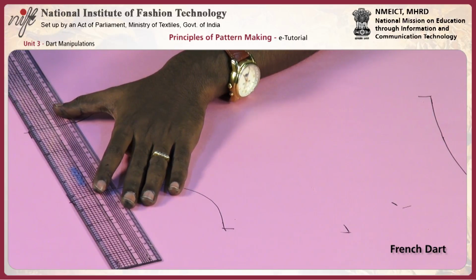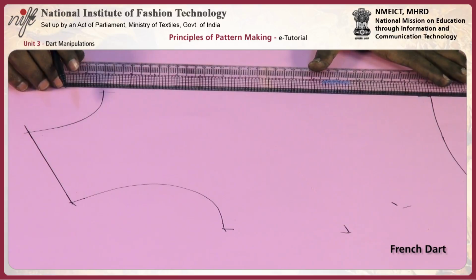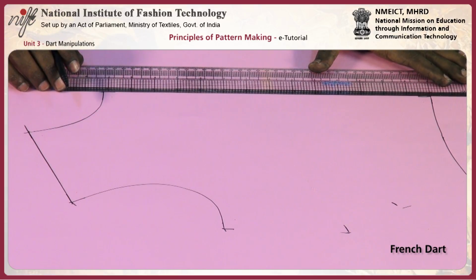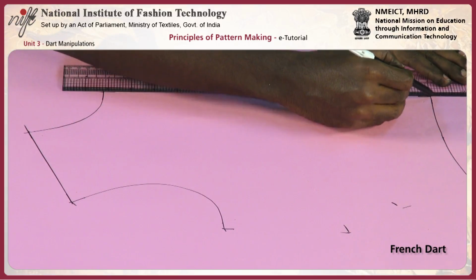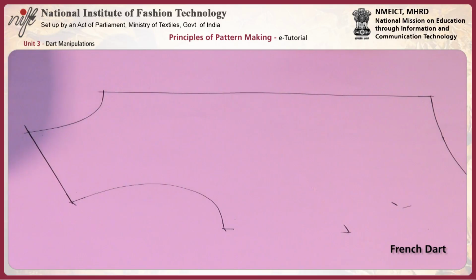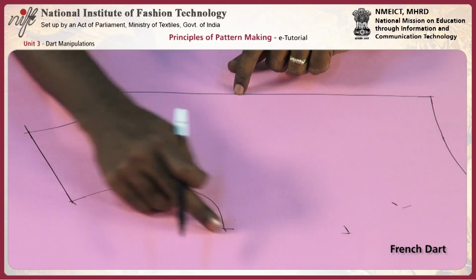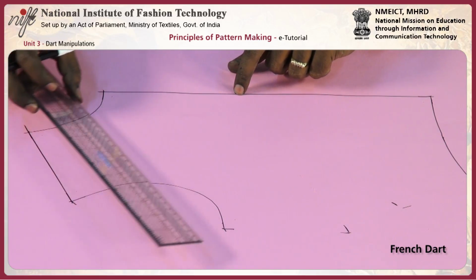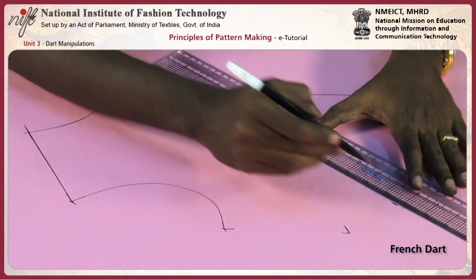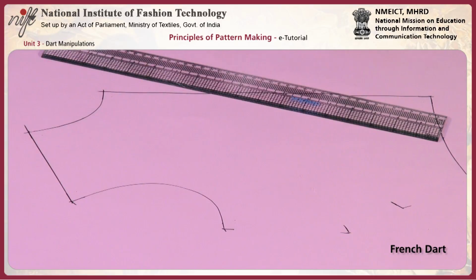Connect shoulder line. Connect center front line. Since we have a dart here, don't draw the line now, you have to draw the dart. First, mark the midpoint of the French dart.